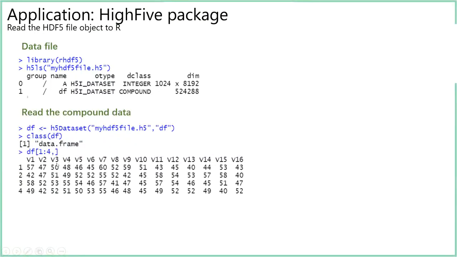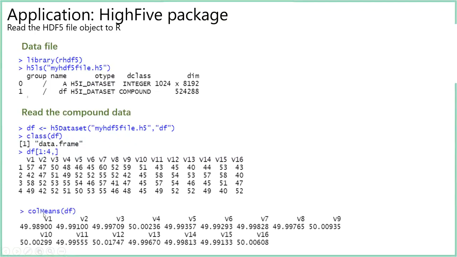And because there's no ALTLIST feature in R, the ALTREP data frame is implemented by making each column an ALTREP vector, and the same column mean function and all the other functions work for the data frame.